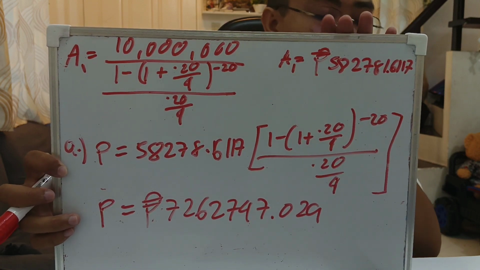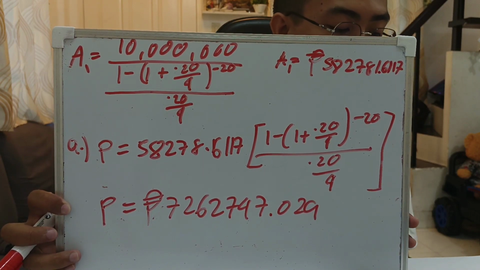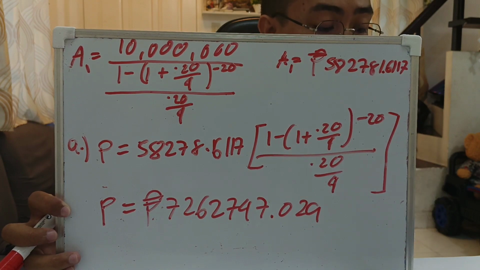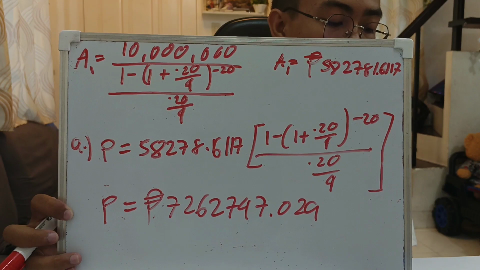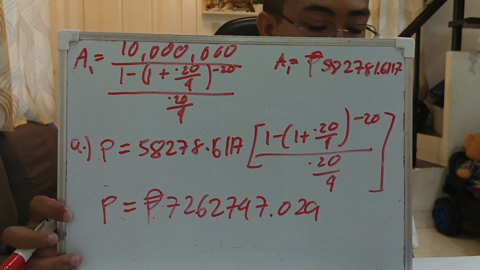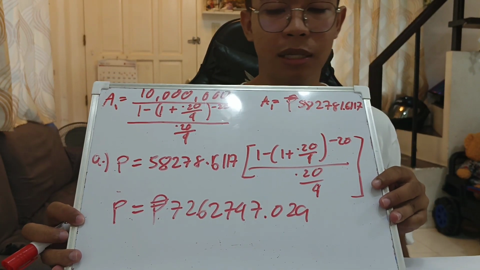So our remaining balance is 7,262,747 pesos and 20.029 centavos. And that is the remaining balance.